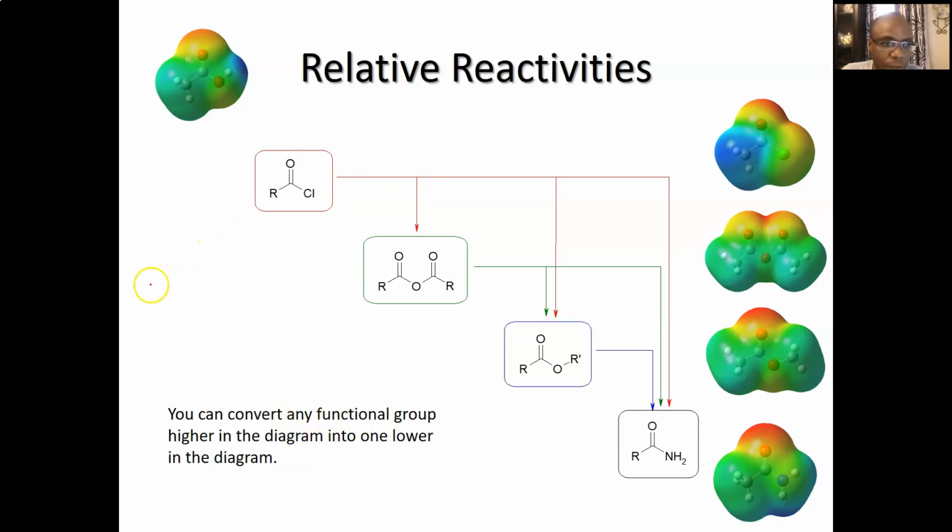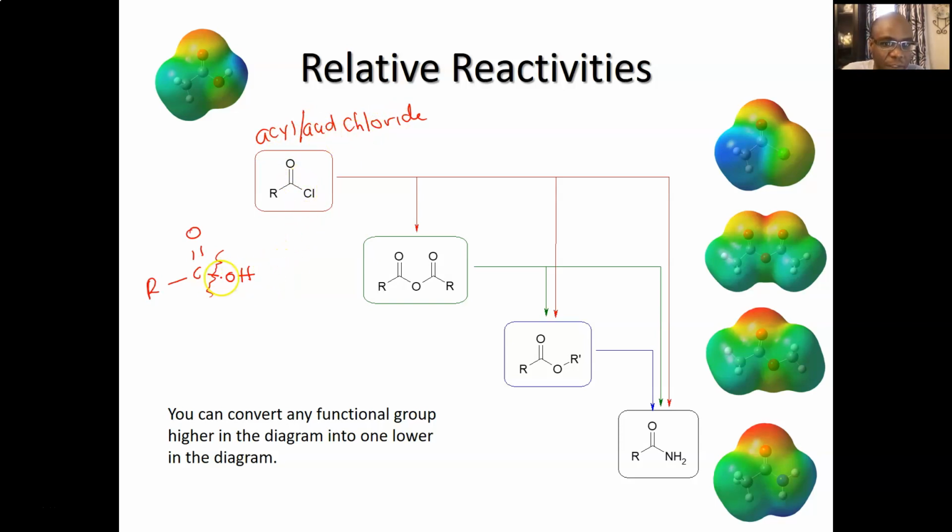Now, remember our carboxylic acid was like this. If you chop off the OH and replace it with a Cl, you get an acid chloride. You get an acid chloride group, which is this.